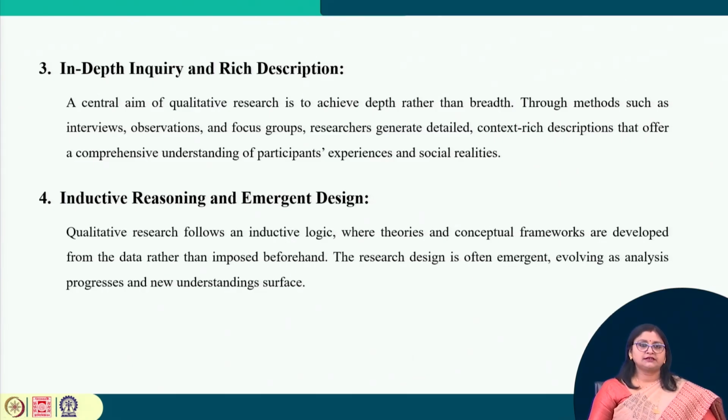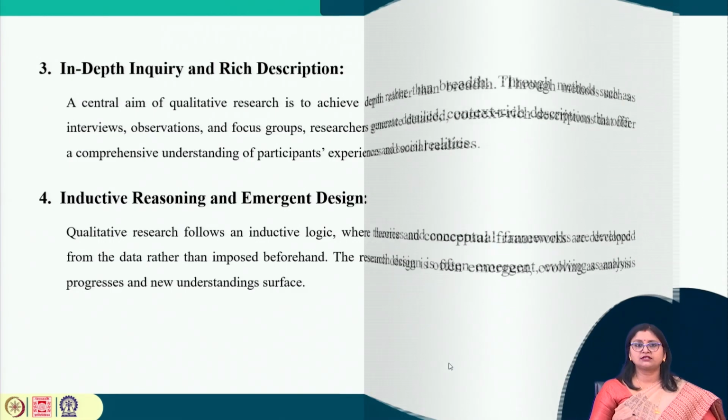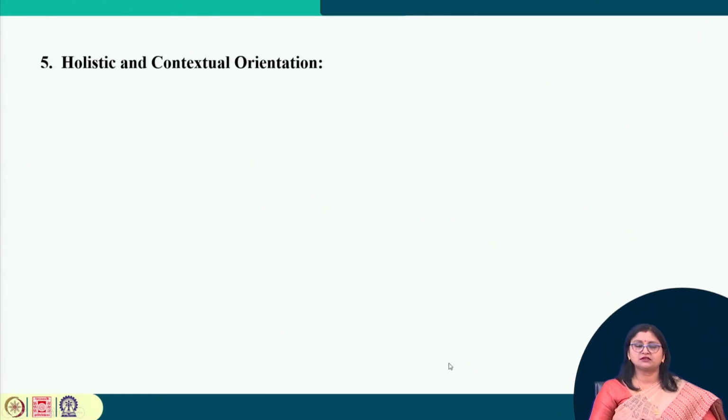The fourth characteristic is inductive reasoning and emergent design. Qualitative researchers follow an inductive logic, where theories and conceptual frameworks are developed from the data rather than imposed beforehand. The research design is often emergent, evolving as analysis progresses and new understanding comes to the surface.